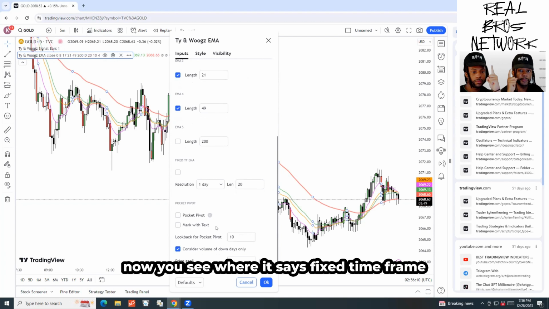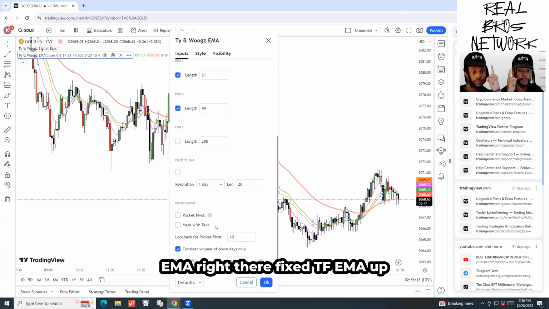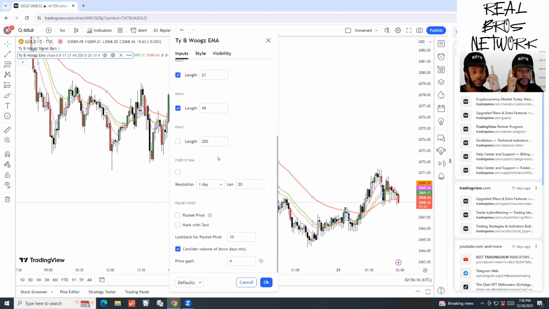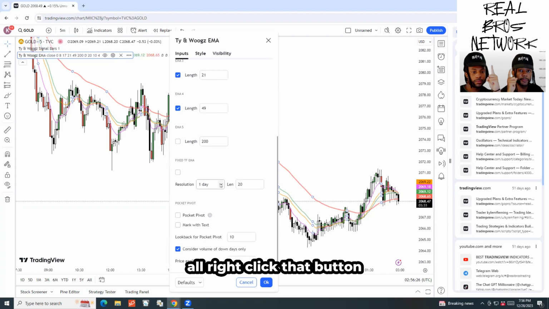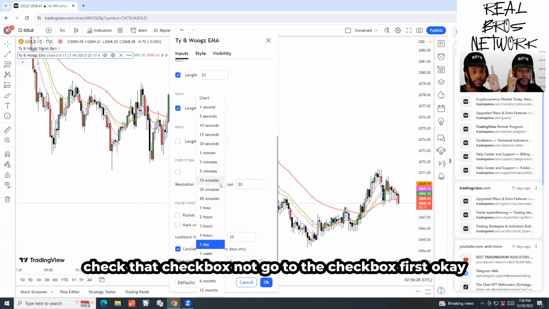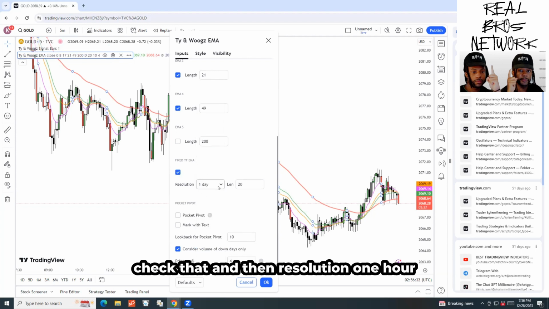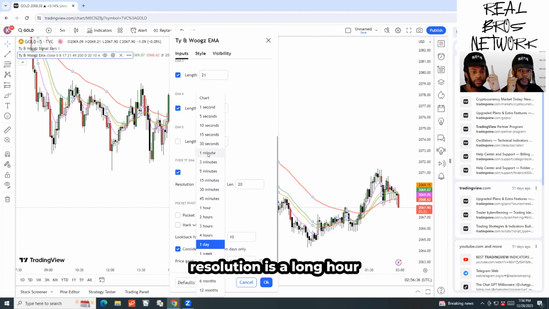Now you see where it says fixed time frame EMA, fixed TF EMA, right there to the left. EMA 4, EMA 5. Okay. Click that button. Check that checkbox. No, go to the checkbox first. Okay, check that. And then resolution 1 hour. Resolution for 1 hour.